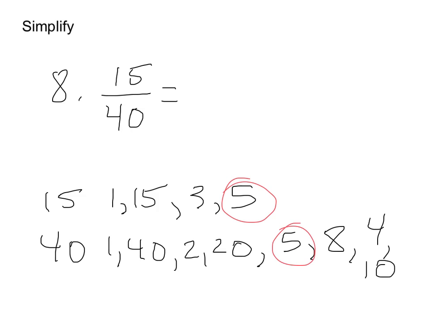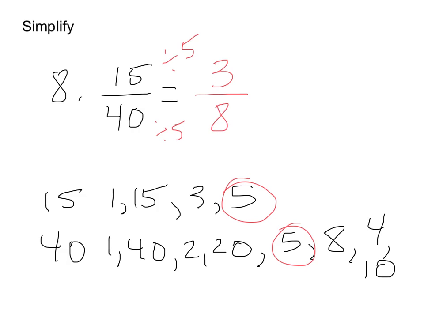So what I can do is divide both the numerator and the denominator by 5. As we so often do, what happens to the numerator happens also to the denominator. When I divide both by 5, I have 3 for the numerator and I have 8 for the denominator.